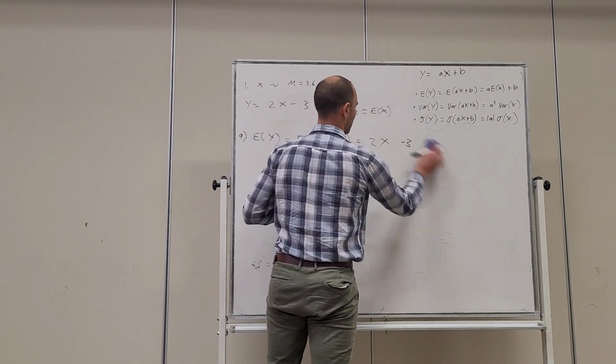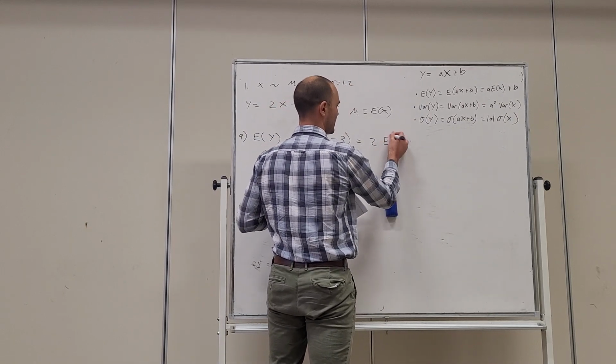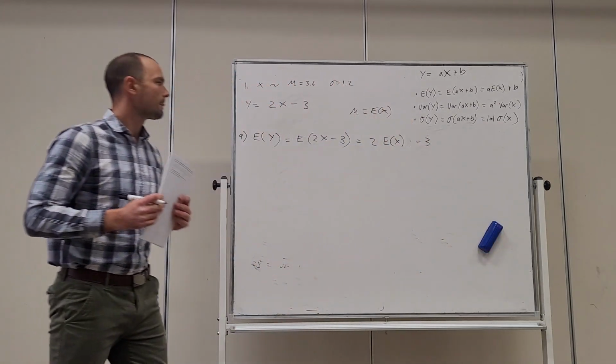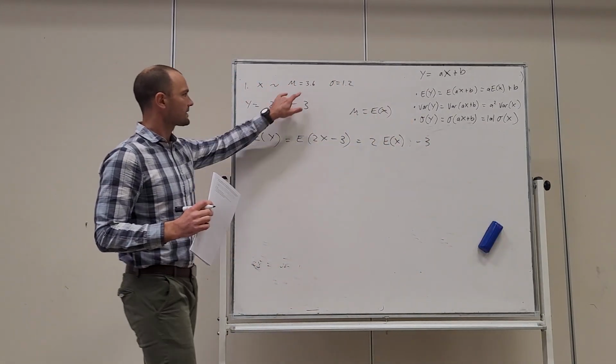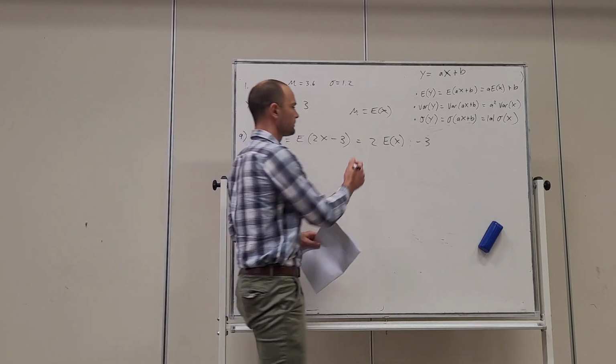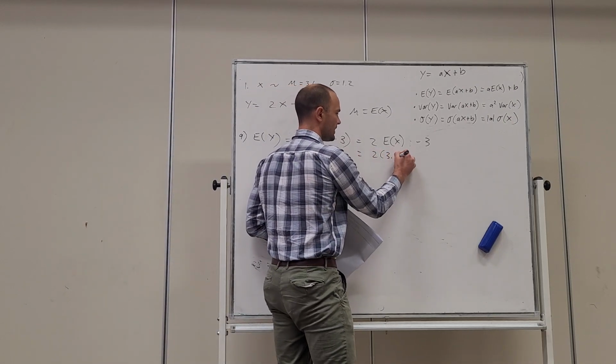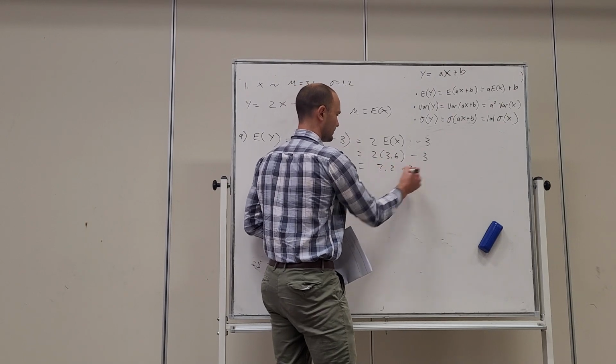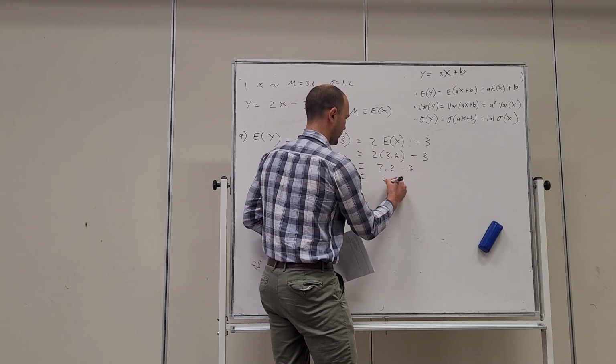Let me write that like this: 2E of x, take away 3. And our E of x and mean are the same thing. So it's 2 times 3.6, take away 3. 7.2 take away 3 gives us 4.2.